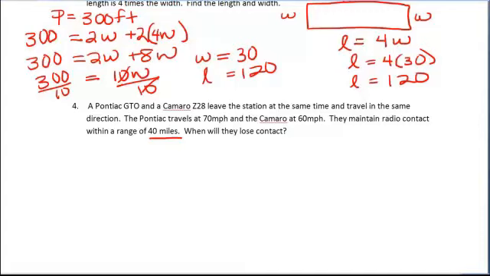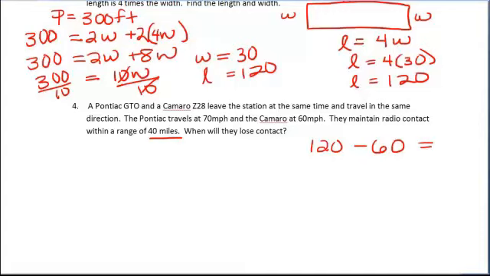So in order to figure that out, when you think about it, if the Pontiac traveled 120 miles and then the Camaro traveled 60 miles, let's say, I'm just making numbers up. These aren't actual numbers. We would subtract them to find out the distance apart, okay? And that would be the method we're going to use here.